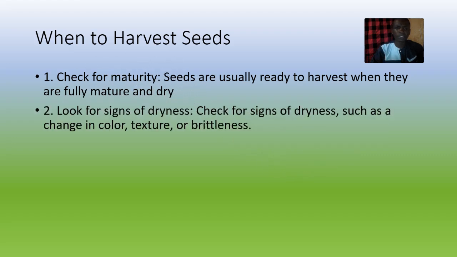Then look for signs of dryness, such as change in color, texture, or bitterness. Remember that if you harvest those seeds when they are immature, they will not grow back, and that is seed dormancy, hence making losses.